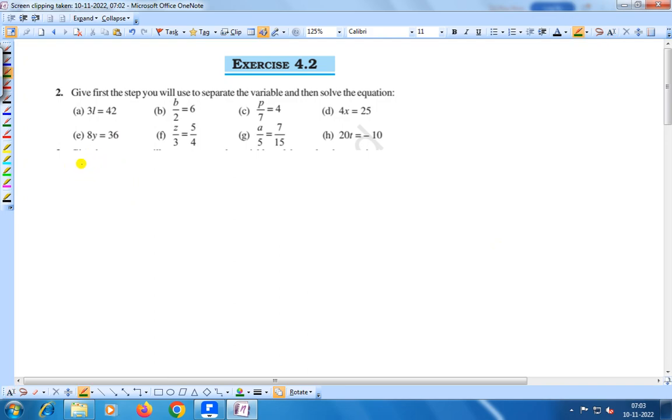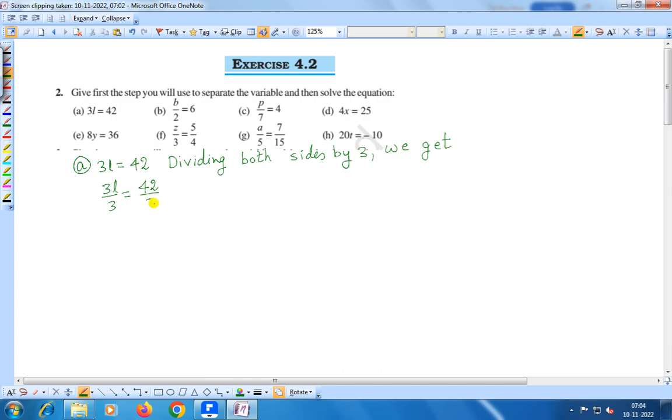2a. 3L is equal to 42. Dividing both sides by 3, we get 3L by 3 is equal to 42 by 3, right?